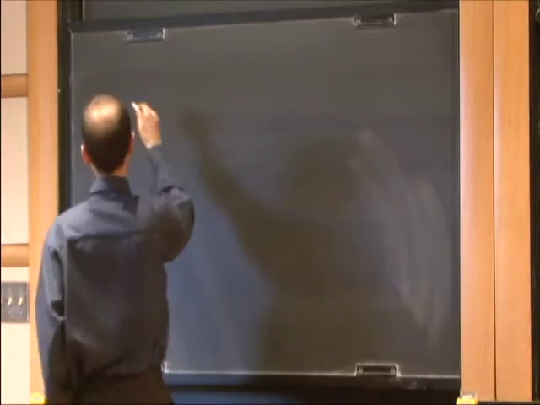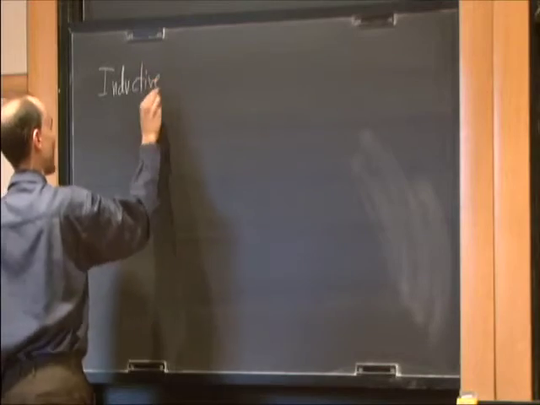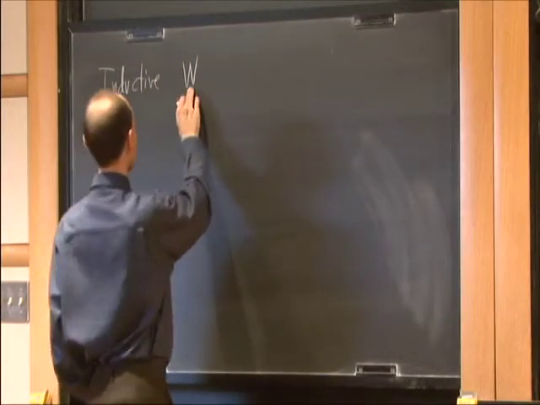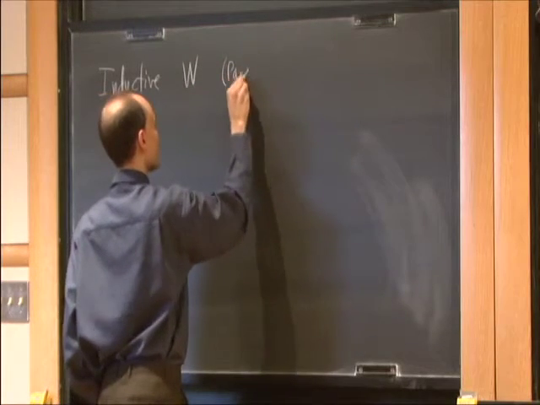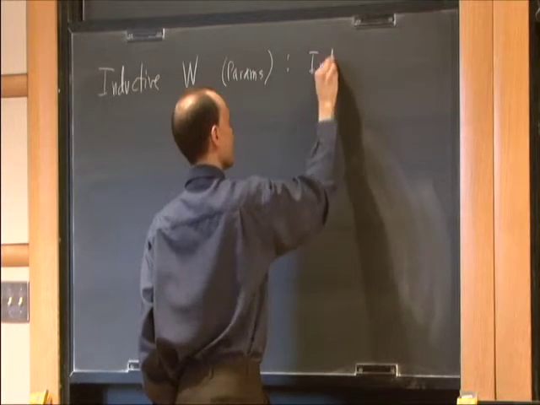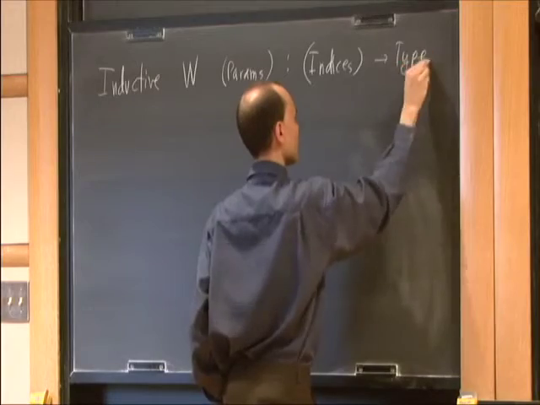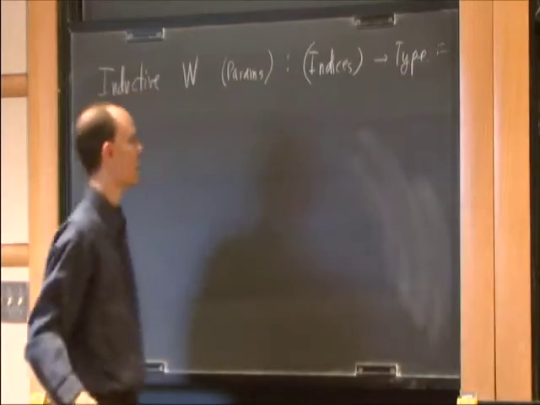So let me just remind you, when I'm describing particular higher inductives, I'm going to use some vaguely Coq-like syntax where you're defining some type, some higher inductive type, and maybe it has some parameters, and maybe it has some indices. Then it's defined by giving some constructors.